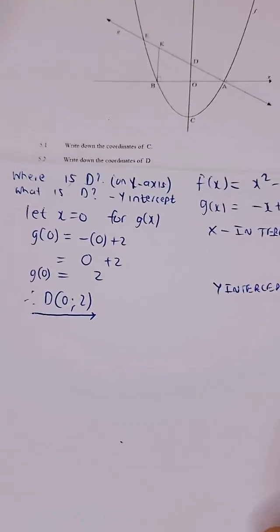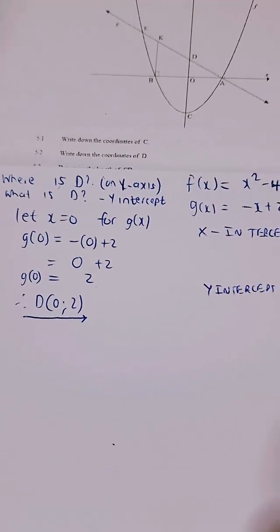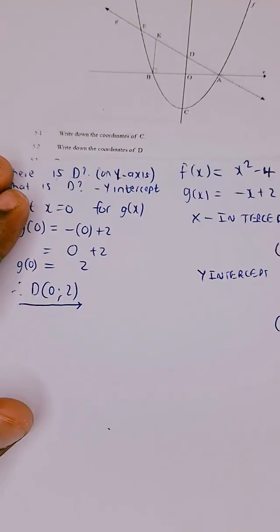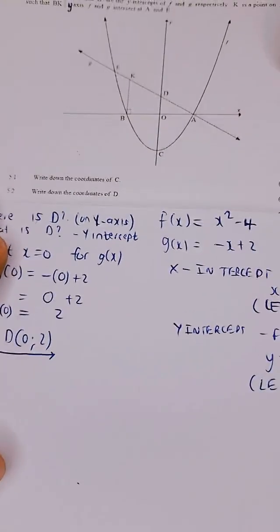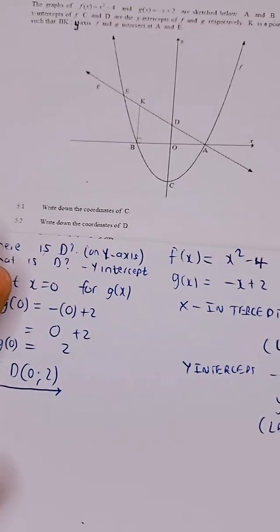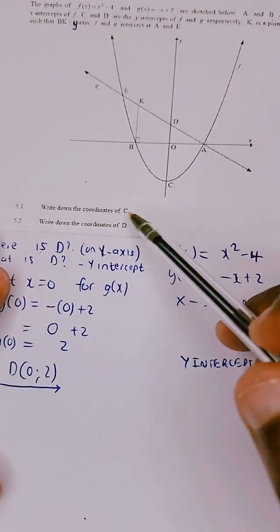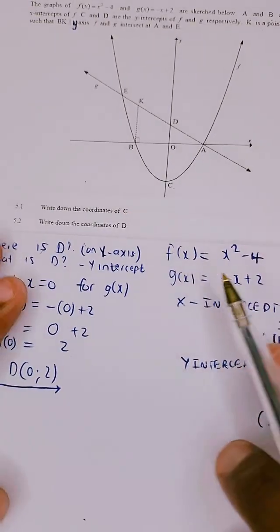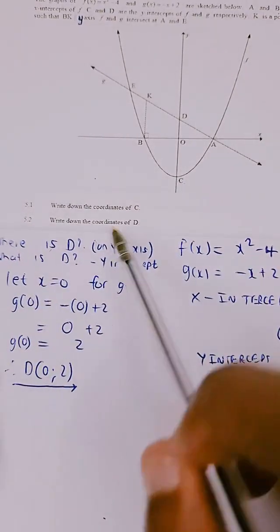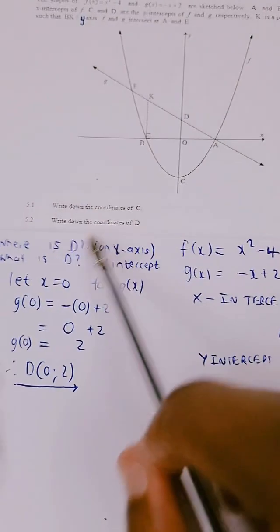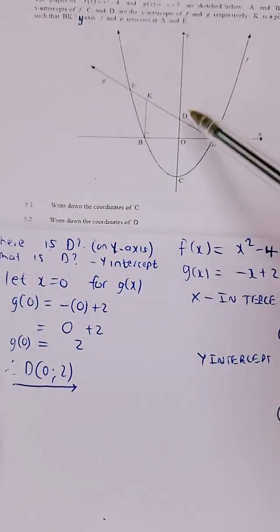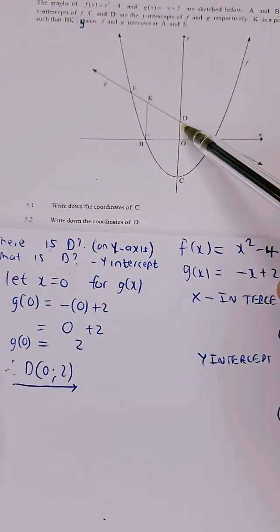I hope you guys are following my logical thinking as I go through finding coordinates lying in a specific place. You first ask yourself, where is this thing? Just like we said here, where is D? Then we ask, what is D? D here is the y-intercept.